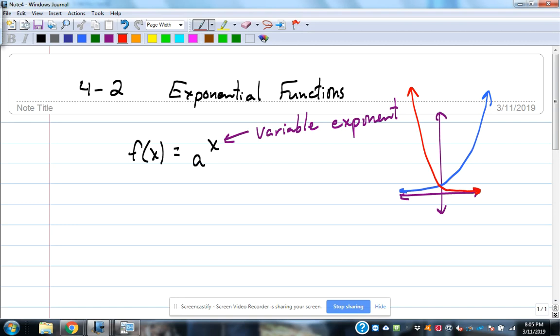Things that grow exponentially: your money in a savings account grows exponentially. It may not seem like it does, but it does. The interest rate's so small right now that you don't get much money. But it is exponential in the way that it grows. Bacterial growth, it's flu season. You notice that when a lot of people have it, we turned out school in McNair County because of sickness, because we just had so many people catching the flu.